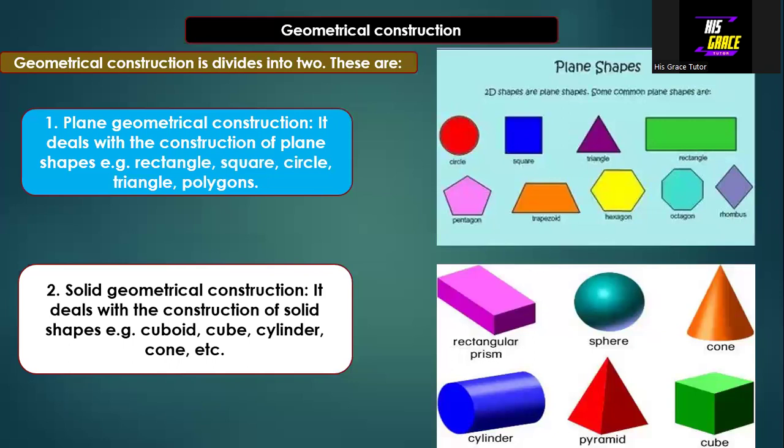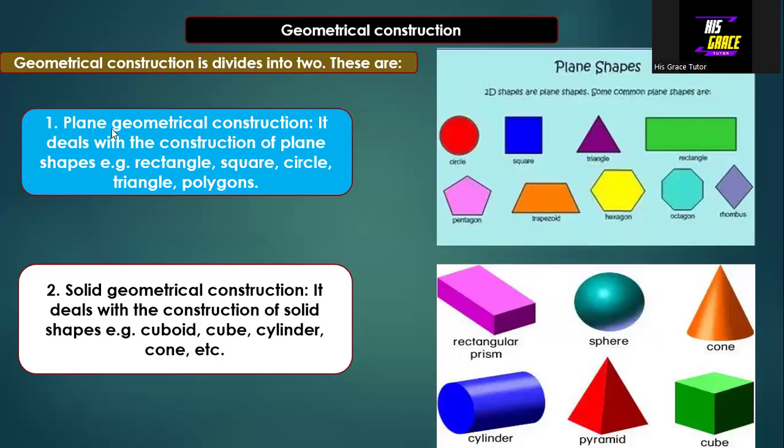Okay. So the first thing that we have before we go into the main topic is to remind you of what you were taught in junior secondary school 2, which is geometrical construction. Geometrical construction is divided into 2.